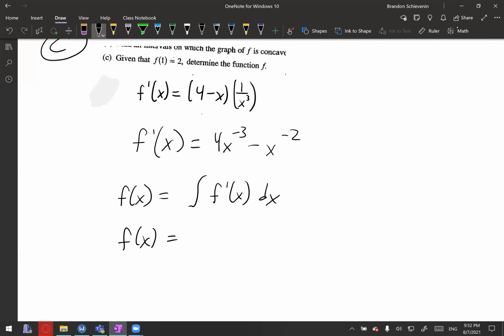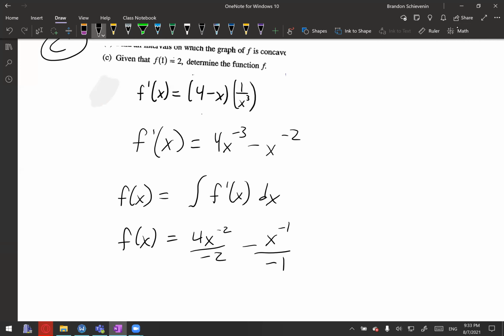Okay, so I'm going to write this out because it's been a while, but this is 4x to the negative 3 plus 1, over negative 2. Okay, and then the next one, minus x to the negative 2 plus 1 over negative 1. Integrating, so I'm going to add 1 to the power.